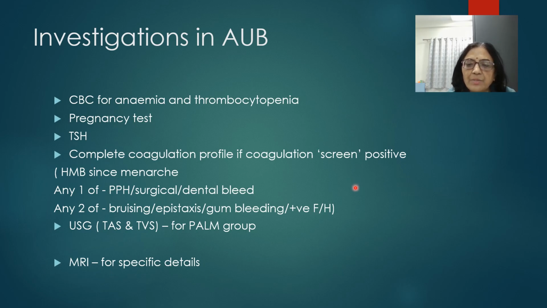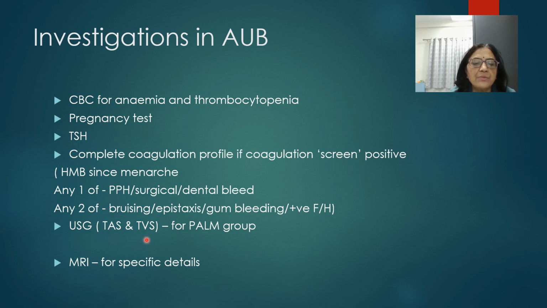All these are expensive investigations, and that is why this clinical screen helps us. This is called a coagulation screen, which is clinical. On history only we can decide whether to proceed with the complete coagulation profile or not.